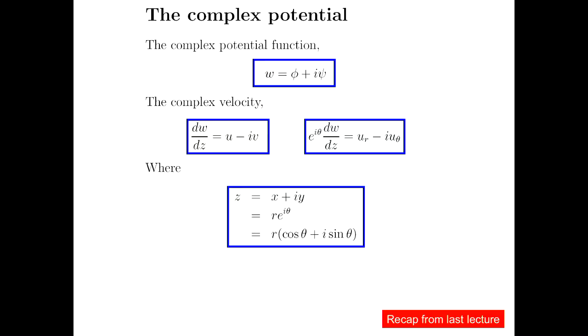Using Euler's formula, e to the power of i theta is just equal to cos theta plus i sin theta. So this term here is basically that from Euler's formula.